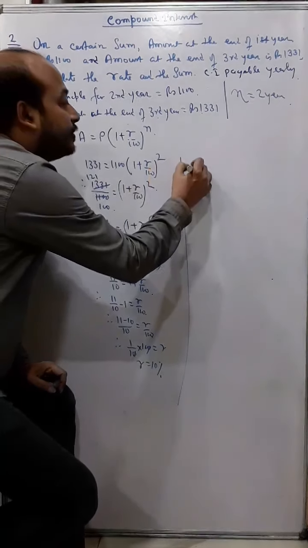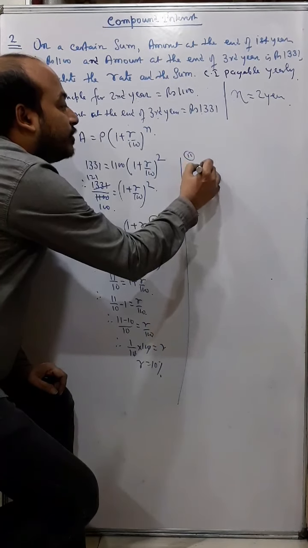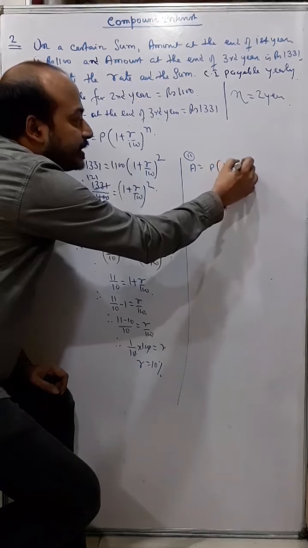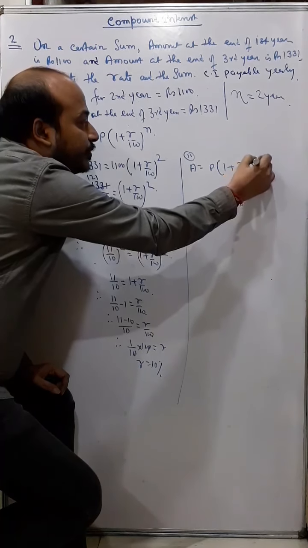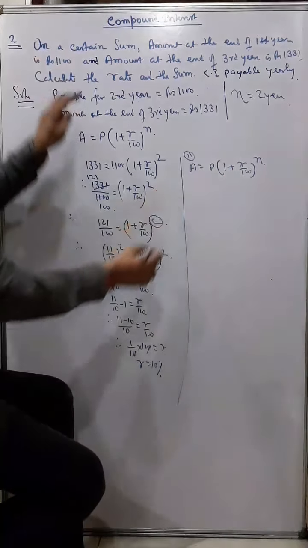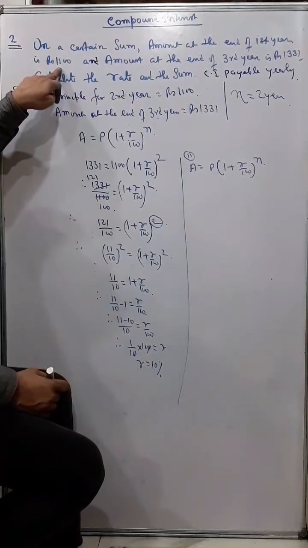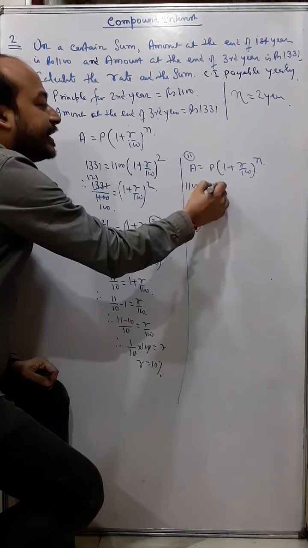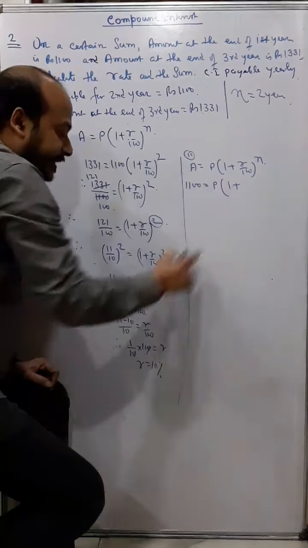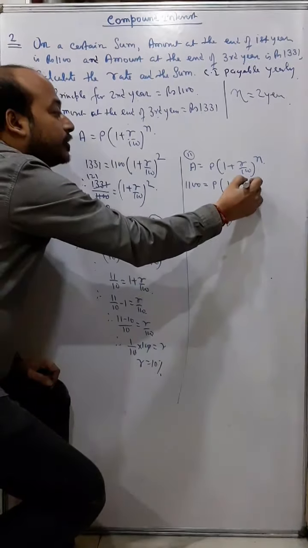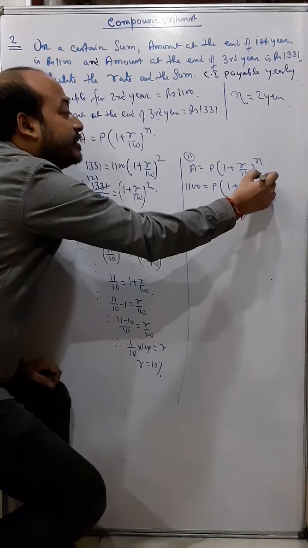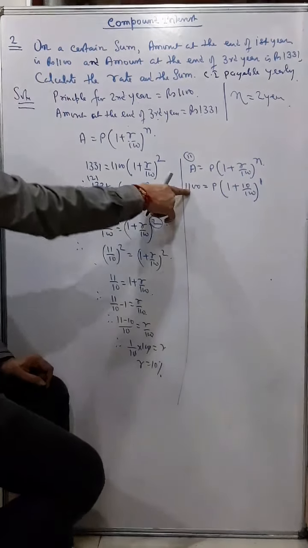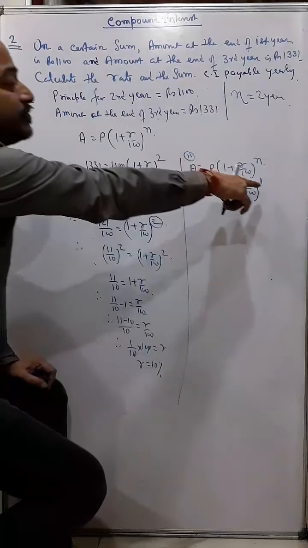Now again, if I use this formula, amount is equal to P into (1 plus R by 100) to the power n. In place of amount, I put the amount at the end of the first year, 1100. Principal I don't know. 1 plus the rate I got just now, 10 by 100, and time is how much? 1, because this is the amount at the end of the first year, so time will be taken as 1.